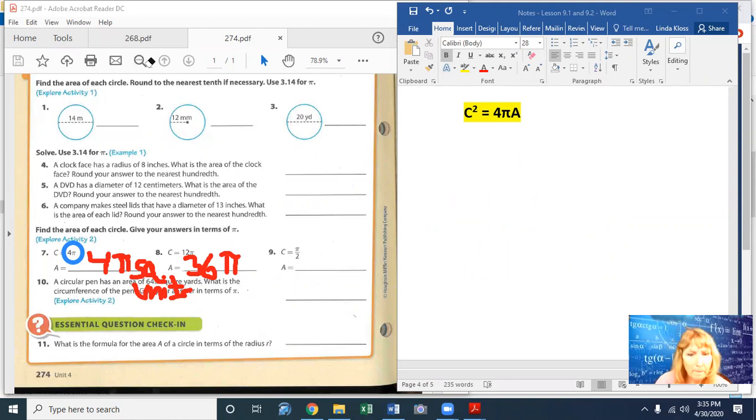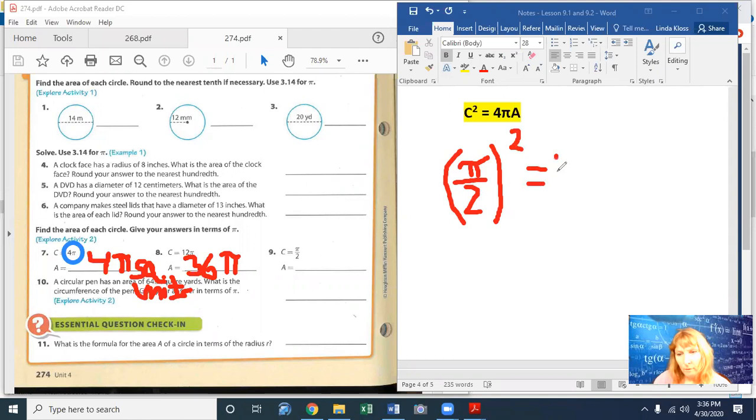Okay, now we have circumference is equal to pi over 2. So pi over 2. And remember, we're going to square that. Formula above us. Square that equals 4 pi A. We want to get A by itself. So first we're going to square this.